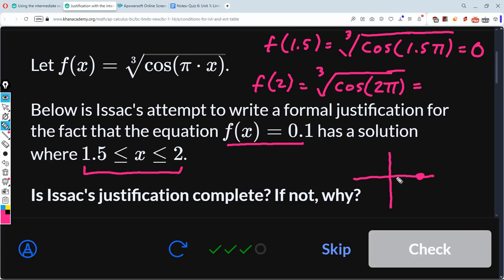Cosine is the x-coordinate. The x-coordinate right here is a 1. So this is going to be the third root of 1, which is just 1. Now, these are the y-coordinates, 0 and 1. All right, so the y-coordinate, f of x equals 0.1. That is definitely in between 0 and 1.